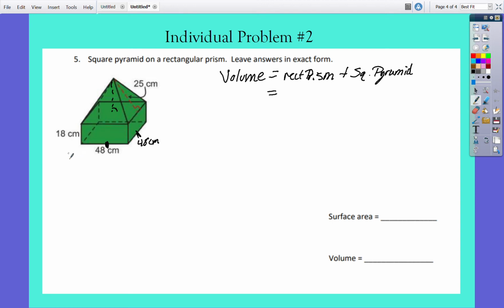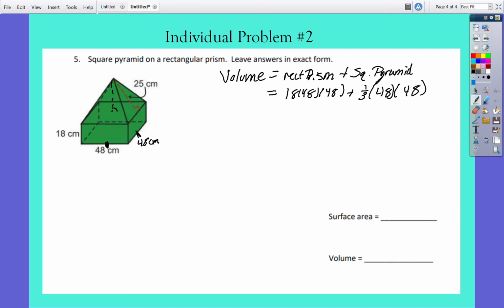So we have 18 times 48 times 48. Next we need the square pyramid, which is 1/3 area of the base times the height. So 1/3 area of the base, which is still that square, 48 by 48.